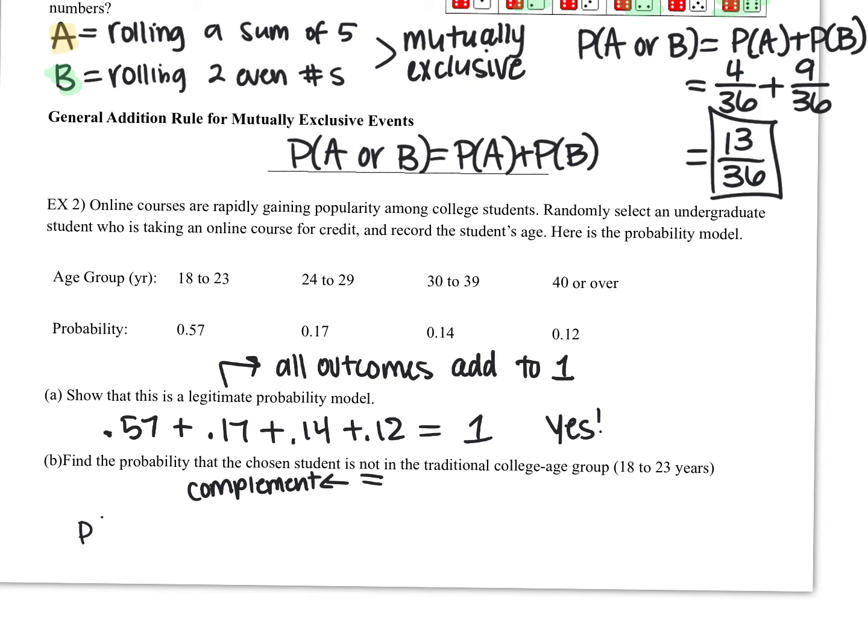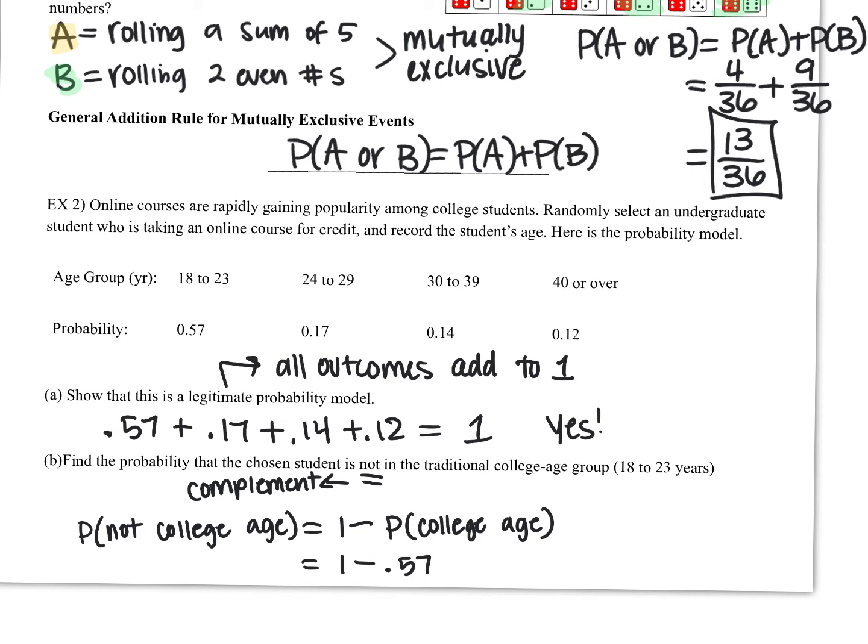So the probability of not college age is going to be 1 minus the probability they are college age. So that's going to be 1 minus 0.57, which is 0.43.